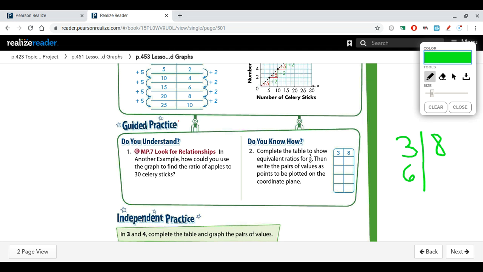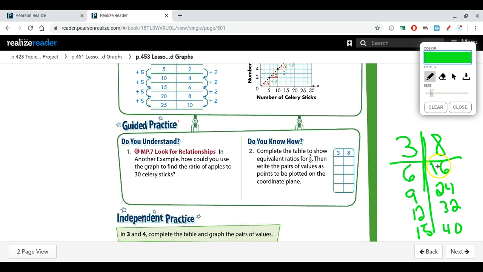And then let's just do 6, 9, 12, and 15. And so I'm just going up by 3 each time. So if I'm going up by 3 each time on this side, that means I'm going to go up by 8 each time on this side. So it's going to be 16, add another 8, I'm going to have 24, add another 8, I'm going to have 32, and then I'm going to have 40.